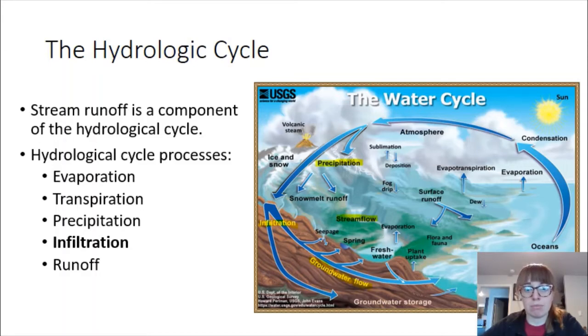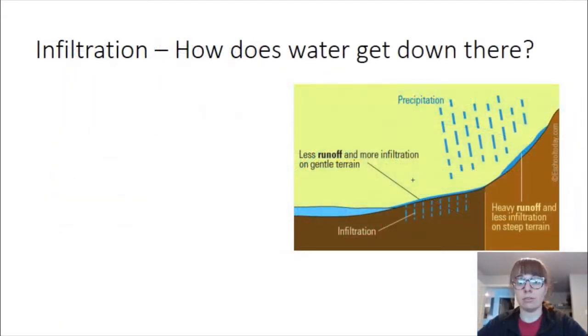So today we're focusing on this process of infiltration or percolation into the ground of this precipitation, and then how that water is moving within the ground as a part of the hydrologic cycle. So infiltration is how we get water into the groundwater system.